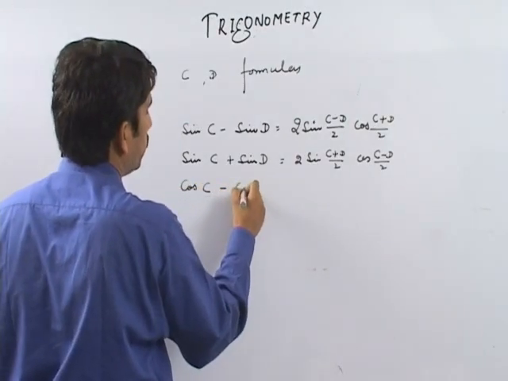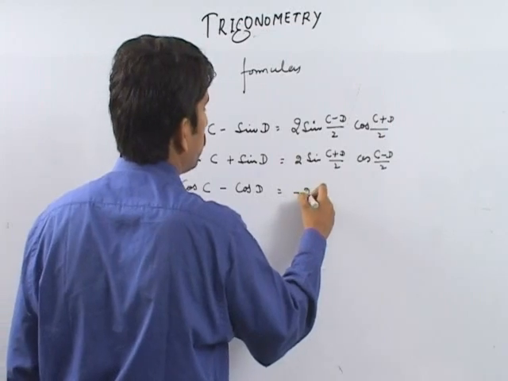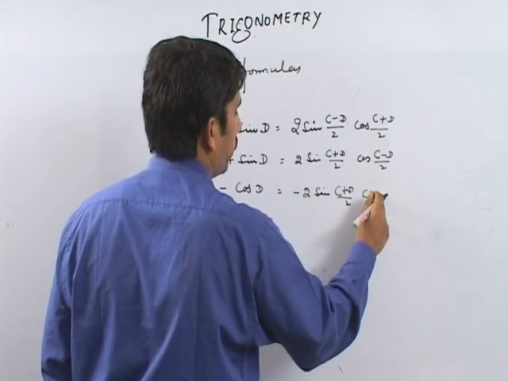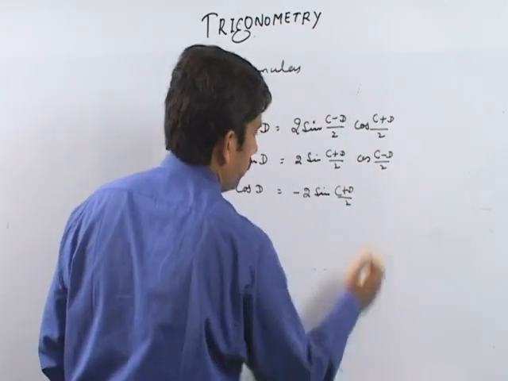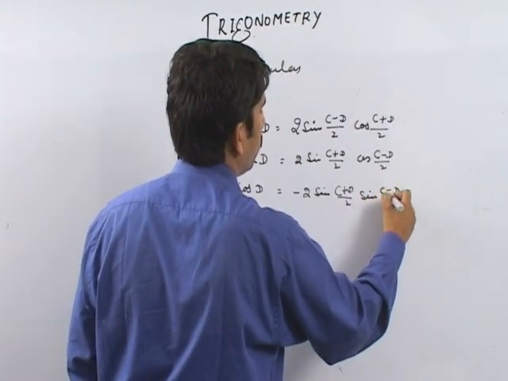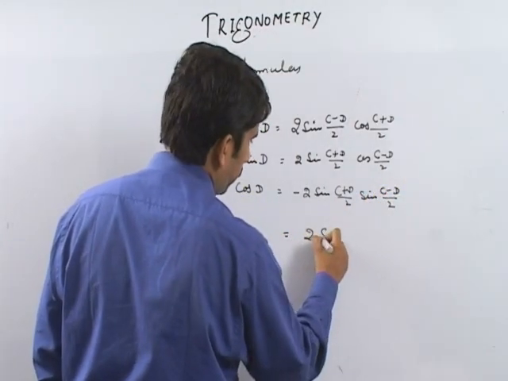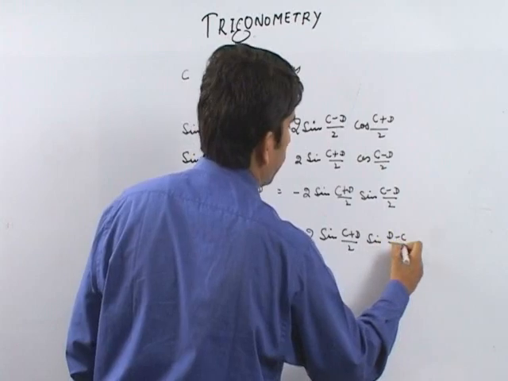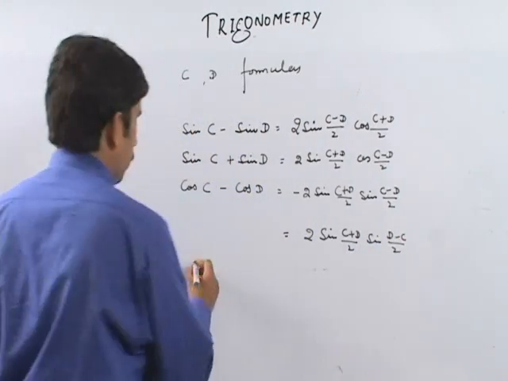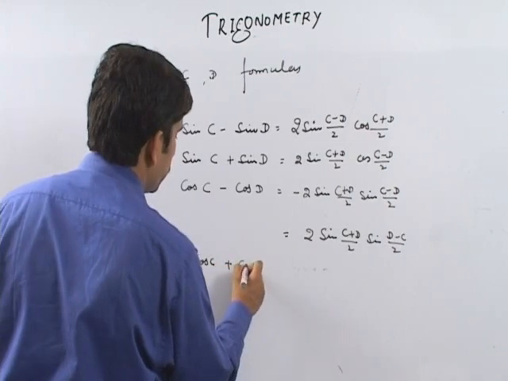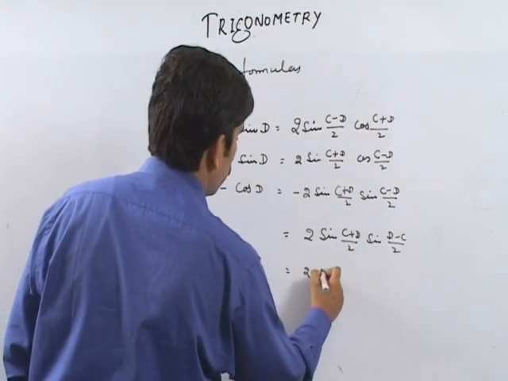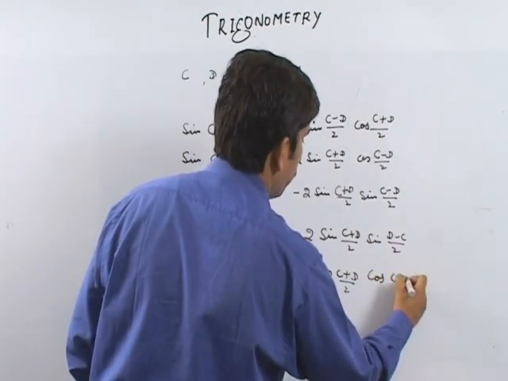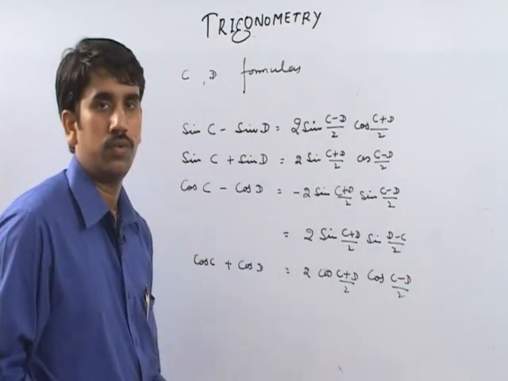Similarly, cos C minus cos D is equal to minus 2 sine C plus D by 2 sine C minus D by 2, or you can write this as 2 sine C plus D by 2 sine D minus C by 2. Now cos C plus cos D is equal to 2 cos C plus D by 2 cos C minus D by 2.